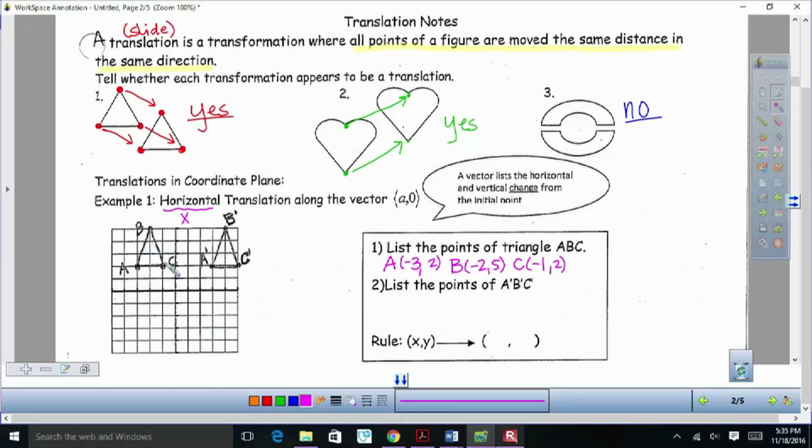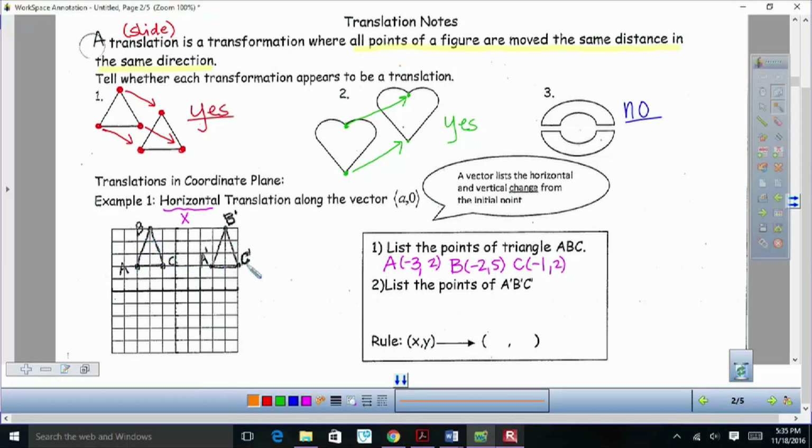Now, once we find A, B, and C, we're going to look at A prime, B prime, and C prime. The little tick mark is what we call prime, and that helps us determine which one is our original figure and which one is our new figure. So the original is just ABC.